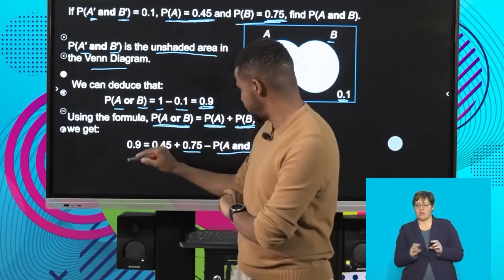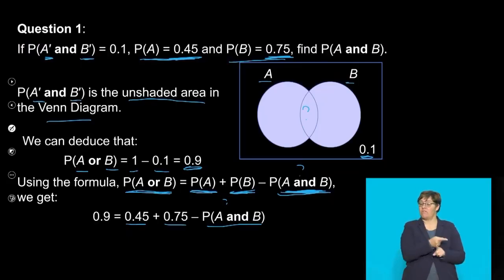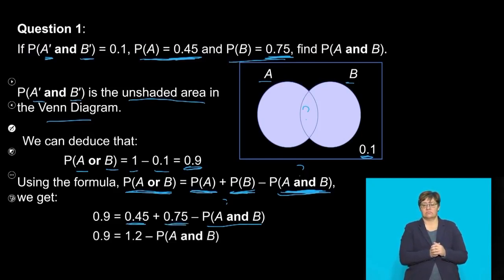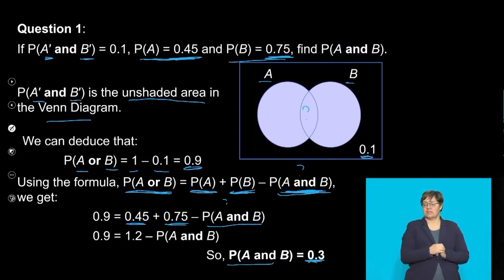I have to bring everything to the other side, because we're solving that, and if you solve this, we get that probability of A and B is 0.3. Are we together?